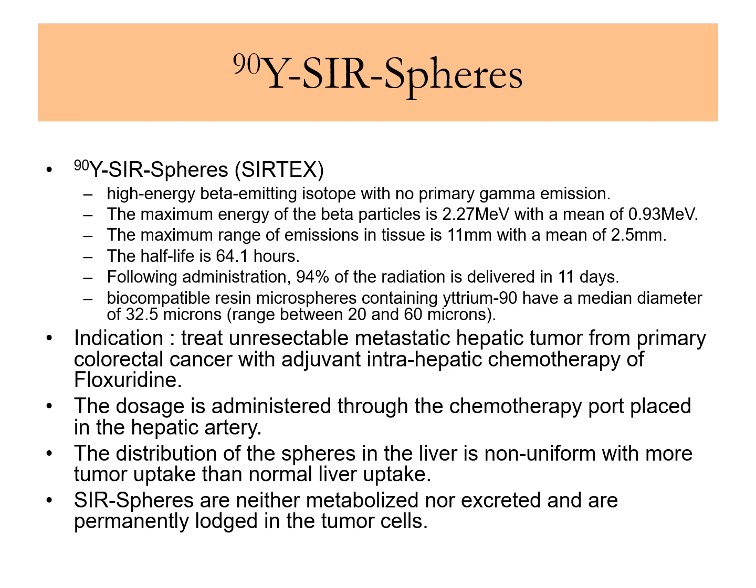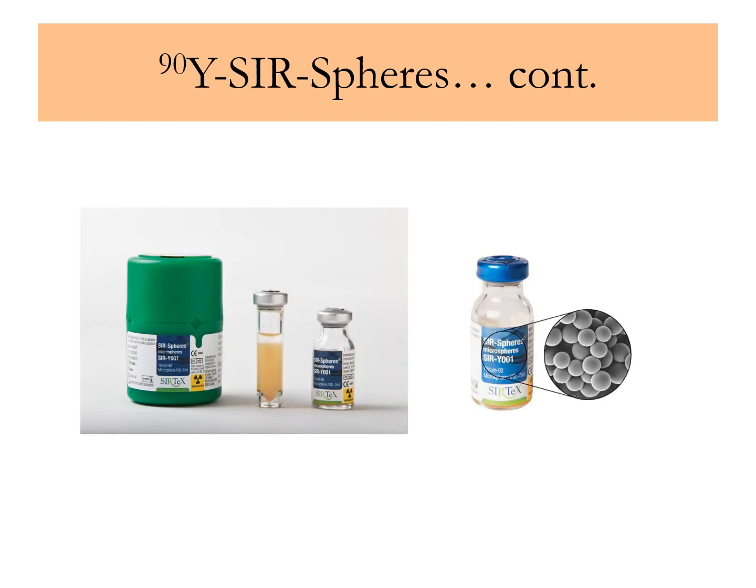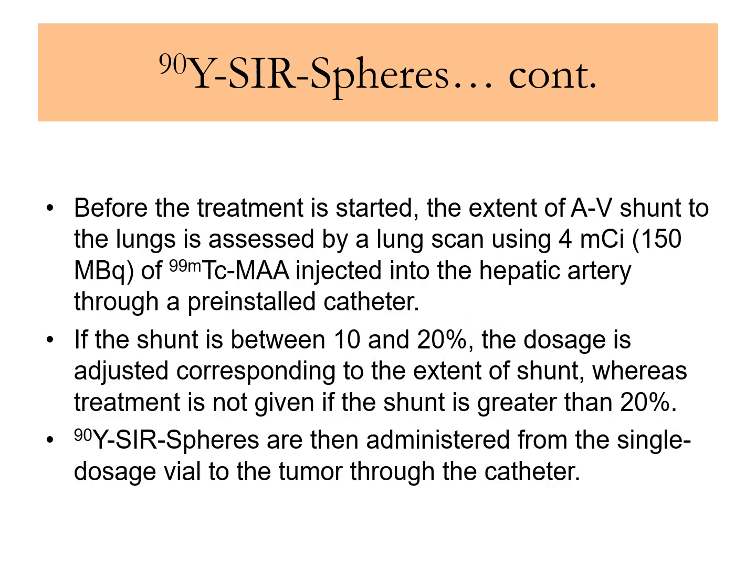So this one is about the Sirtex that you can actually reach later. And this is an example of the Sirtex radiopharmaceuticals that is available. Obviously, same as the TheraSphere, the AV shunt also needs to be calculated.